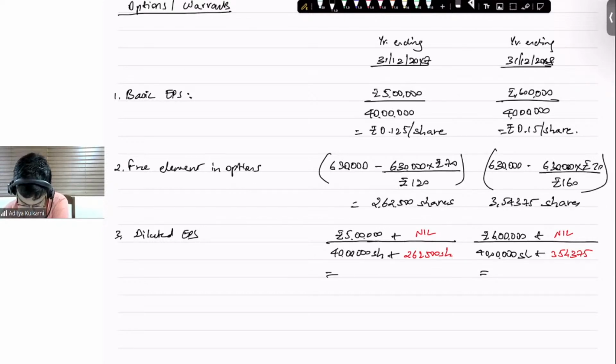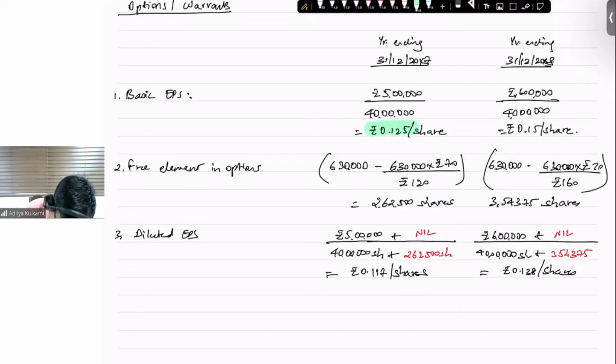By 4, 660 to 500, 40 lakhs, per share. And then 38 per share.